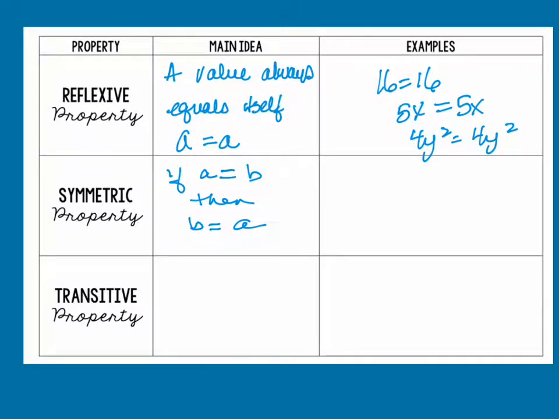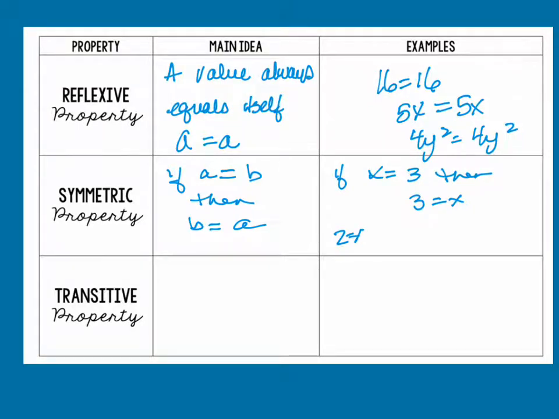If they're equal to each other, the left equals the right, or the right equals the left. So you would say if x equals 3, then 3 equals x. Sometimes in solving equations we switch sides, like maybe the variable's on the right and we want it to be on the left.